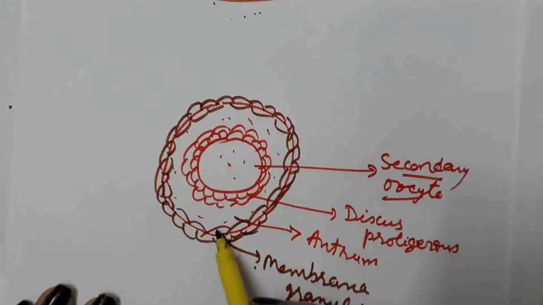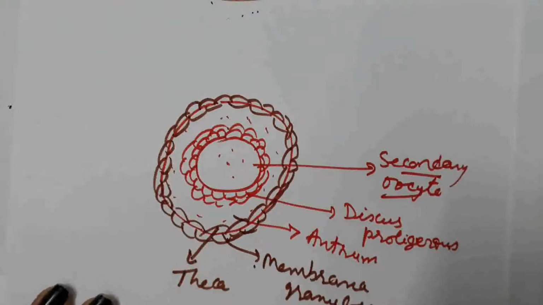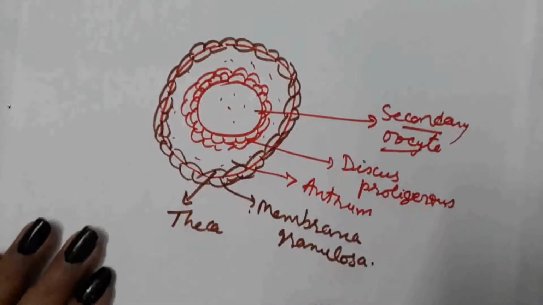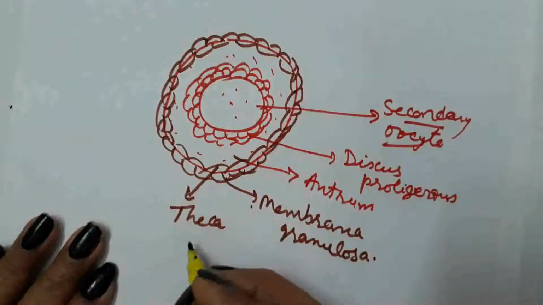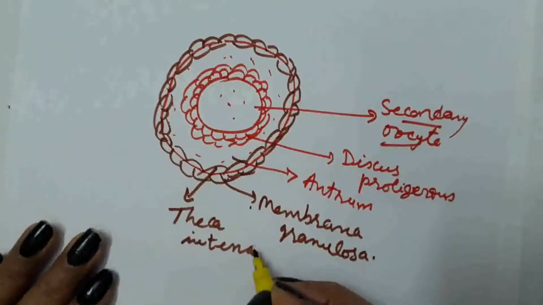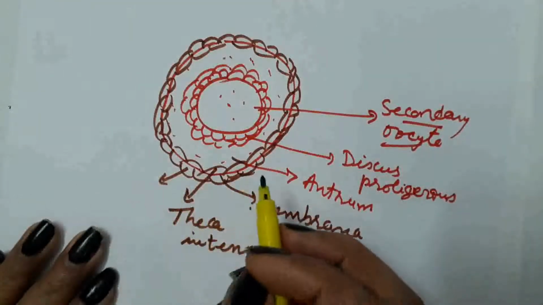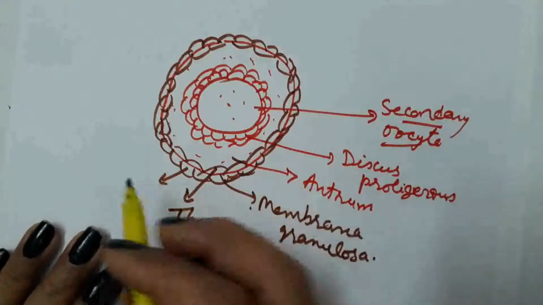The inner layer of cells is known as the theca interna and the outer layer is known as the theca externa.